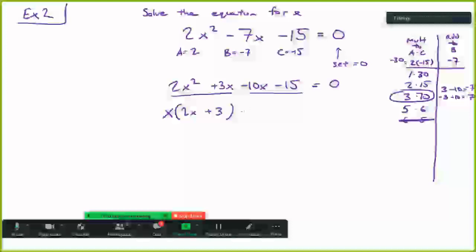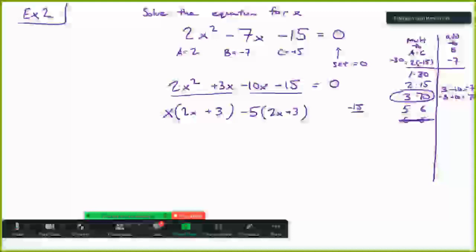10 is divisible by 5. 15 is divisible by 5. So we're going to divide out -5. Because they're both negative, we're pulling out negative from each. All right, and what's left is 2x, and then -15 divided by -5 is a plus 3. Side work, or in my head, I did this, -15 divided by -5, and that gives me a positive 3, and that's where that positive 3 came from.